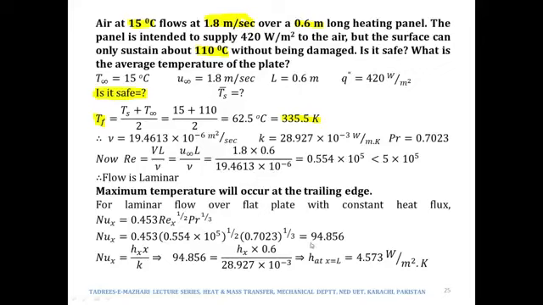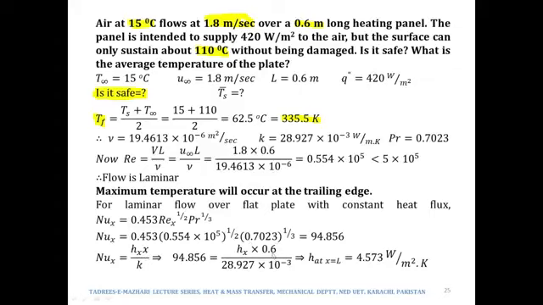So by putting in the values, we get local Nusselt number at the trailing edge as 94.8, and upon equating it to hx times x over k, where x over here would be the trailing edge, meaning 0.6, because the total length is 0.6.